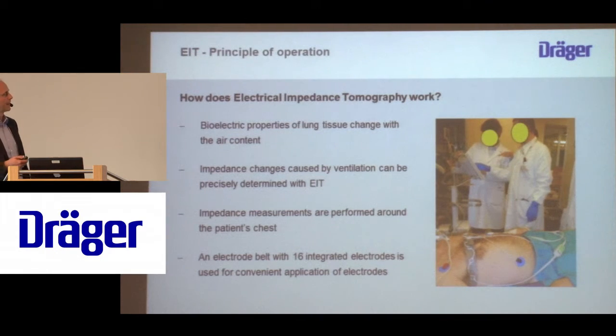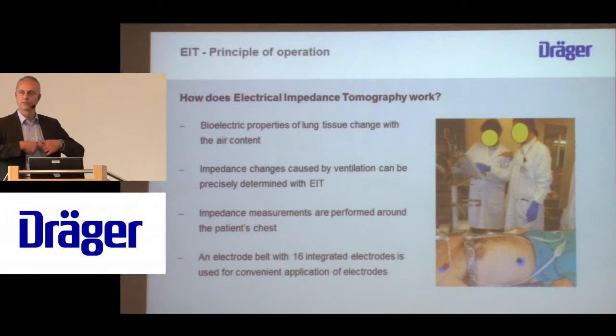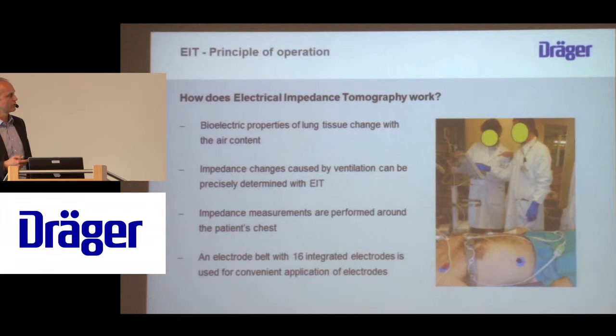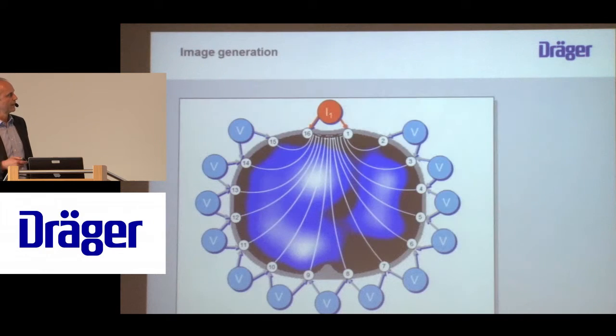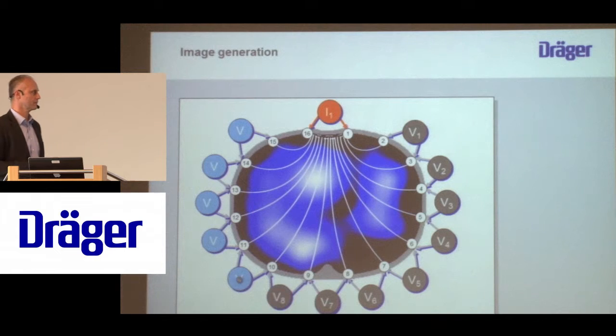Then we have an electrode belt with 16 integrated electrodes that we put around the chest. And then we always use one electrode to inject a current. In this example, this is this position here. And then we are measuring the resulting voltages around the chest.